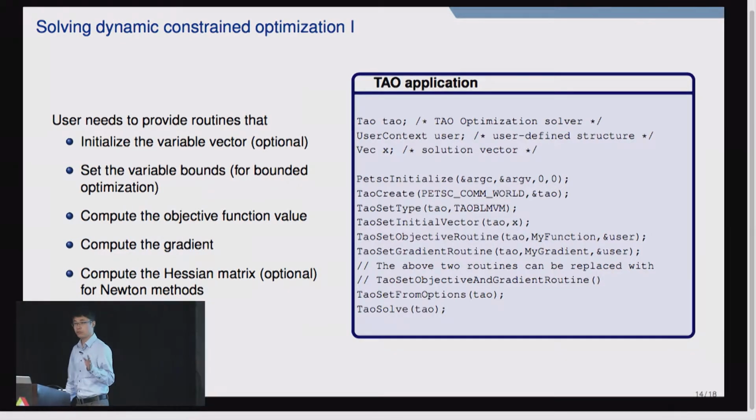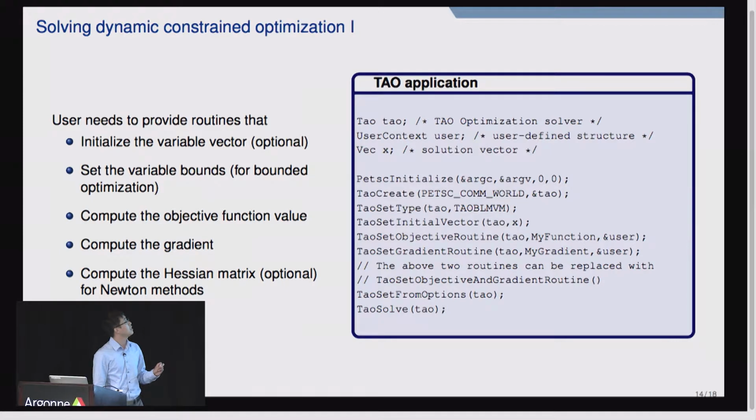So here I want to show you the basic steps you need to take to use PETSc and TAO to solve dynamic constraint optimization. The workflow is very straightforward. You start by creating a TAO object and setting the type to be BLMVM, which is a quasi-Newton algorithm. And this is highly recommended for dynamic constraint optimization.